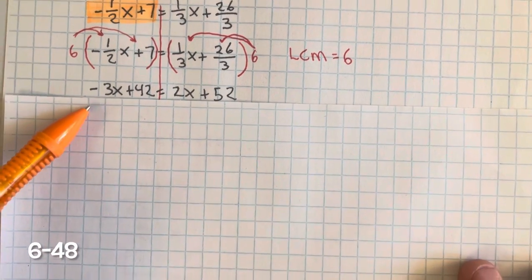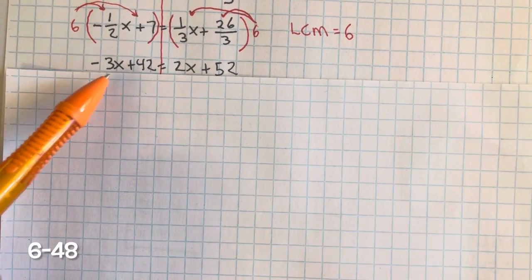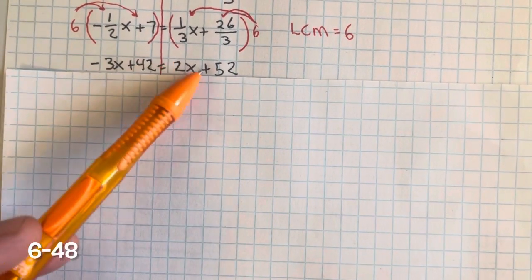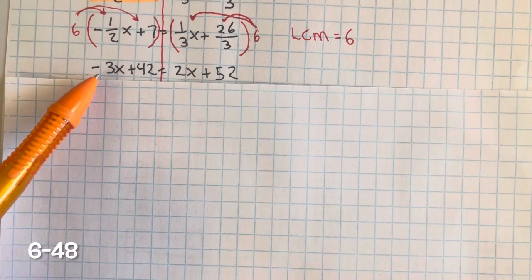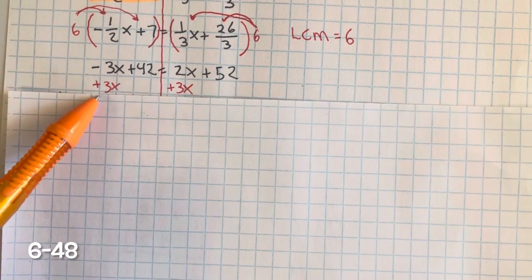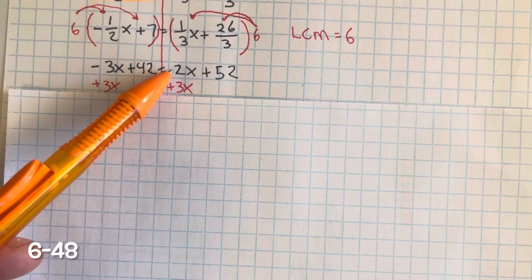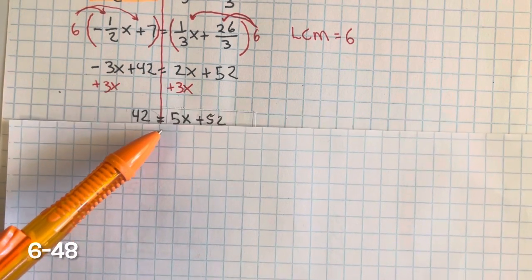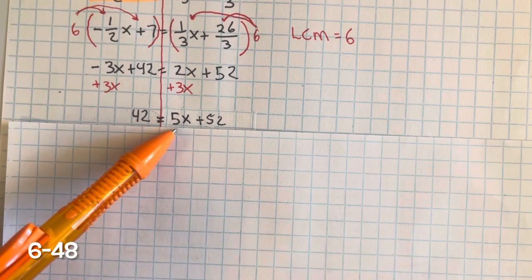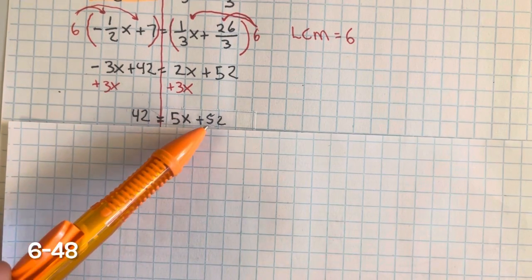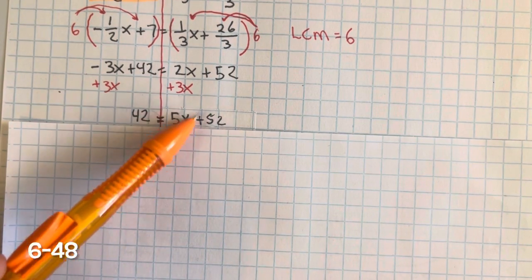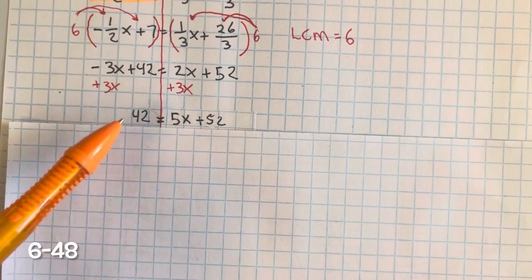Now we want to get x by itself. So we move the variable to the side that has a greater value. 2x is greater than negative 3x. So we're going to add 3x to both sides. 0 pair. 2x plus 3x equals 5x. Still don't have x by itself, so we need to move this term over to the left side.